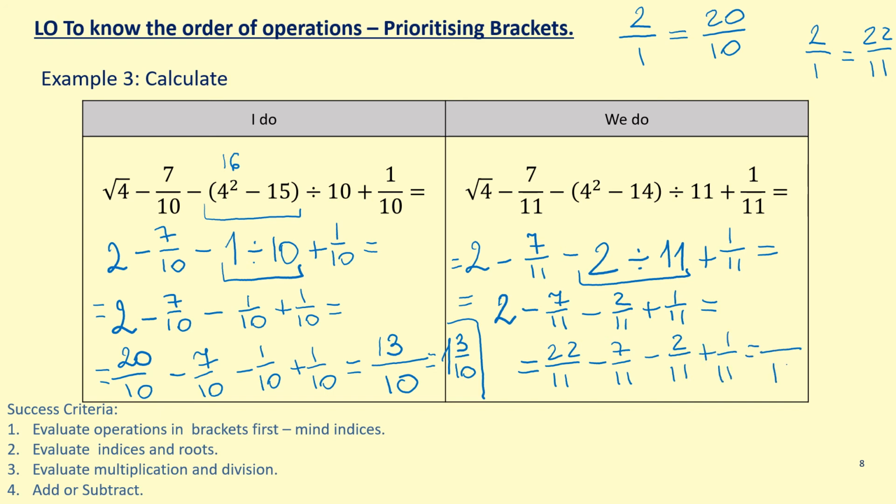So the denominator is the same, so I can straight away write it in the answer, and I just add and subtract numerators. 22 take away 7 is 15, take away 2 is 13, plus 1 is 14. So it's 14/11. I would like to have it as a proper fraction, or in this case as mixed number. So it's going to be 1 and remainder is 3, so it's 3/11. And that's the final answer. If that's what you've got, well done.